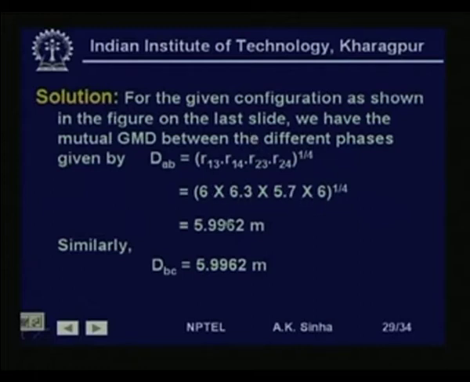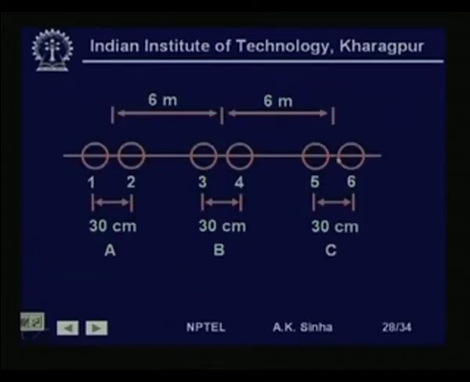So, we take the fourth root, it comes out to be 5.9962, which is almost 6 meters. Similarly, between B and C, if we do this, we will get the same distance or the same GMD.